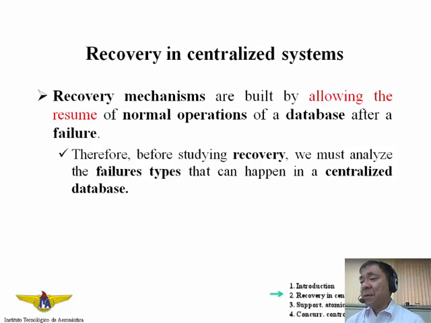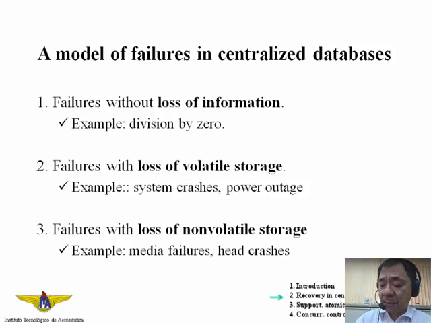So before you proceed to recover, you have to understand what kind of recovery you need to provide. And that depends on the model of failure types in centralized database. Basically, there are three types of failure.